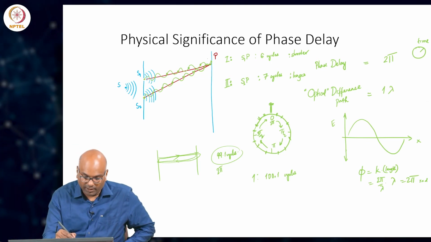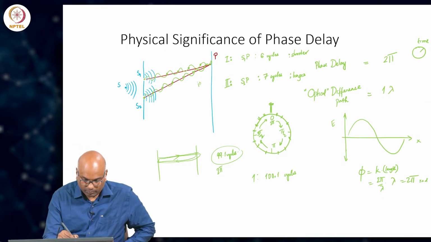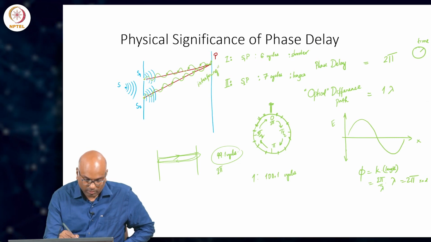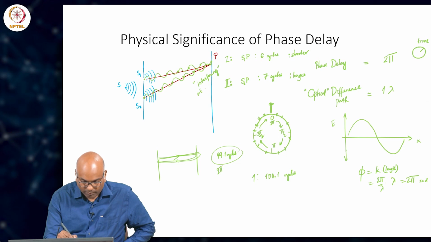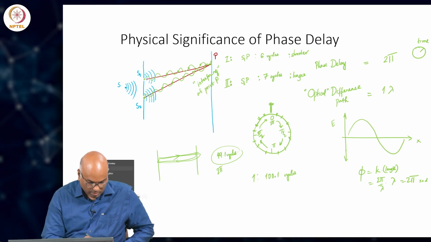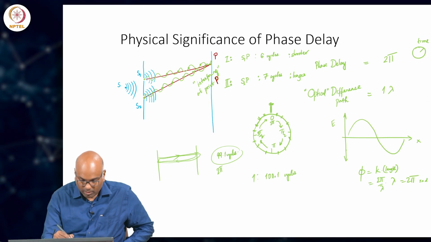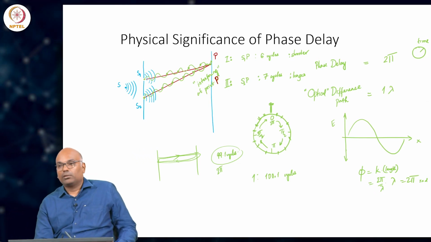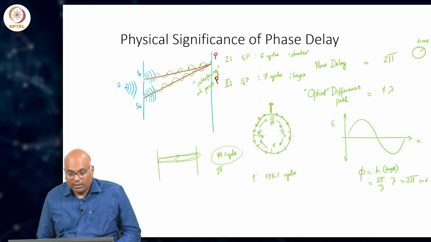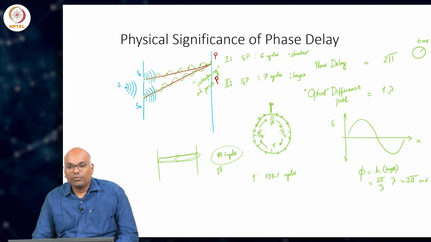They are interfering at point P. So, this is the physical significance of phase delay.